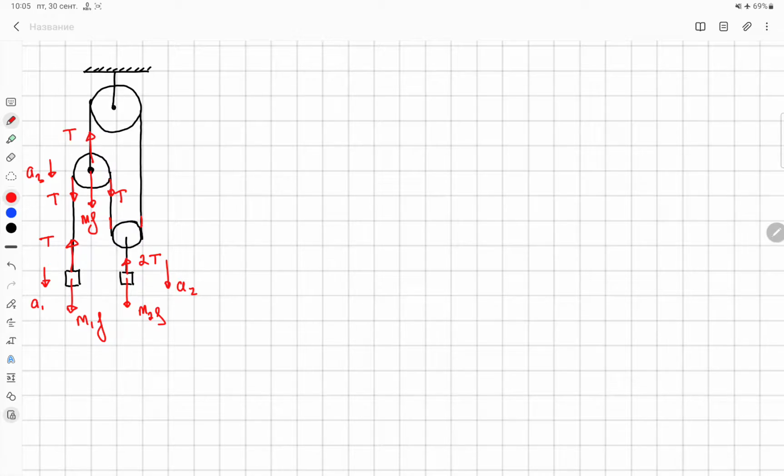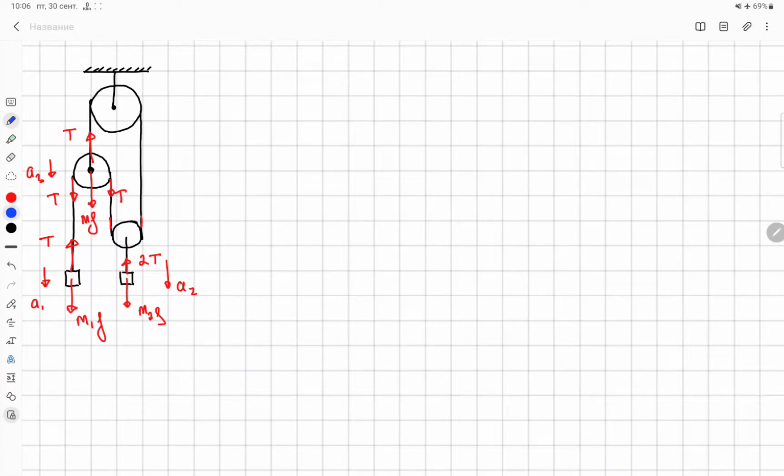That's why we expect one or two of these objects will be moving upwards. So at the end, we should get some accelerations with negative value. But at the moment, there is no reason which one moves upward. But it's also okay. You can say that, for example, the second object is moving upward. It's absolutely okay. And if it's really moving downward, you'll get a negative acceleration for that one.